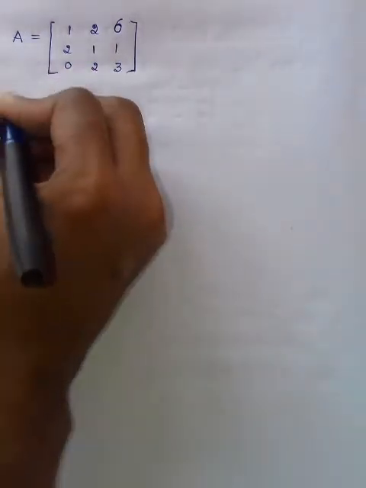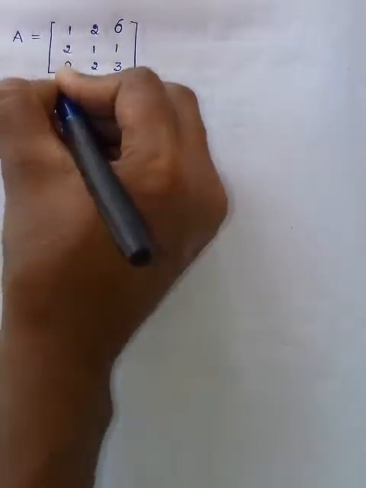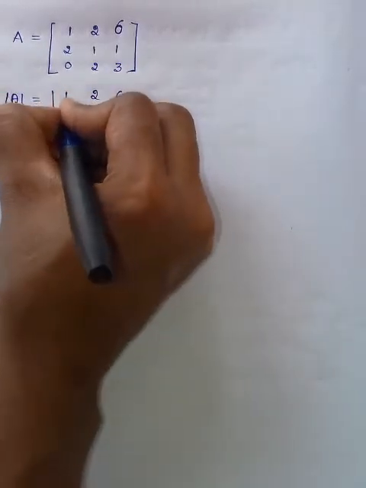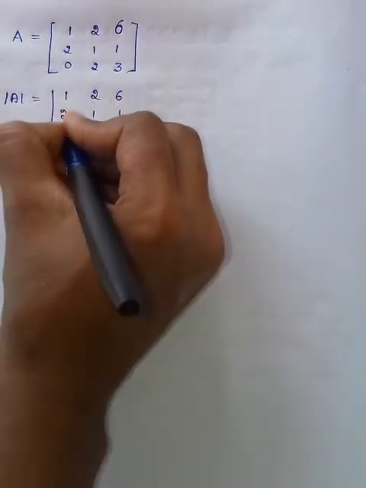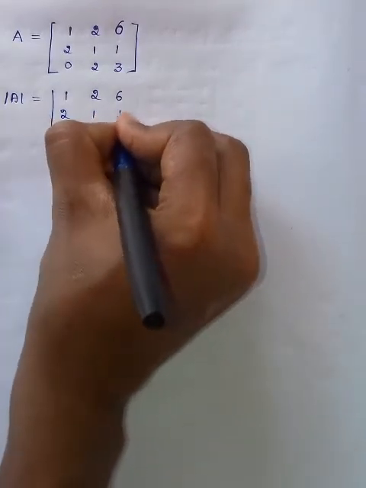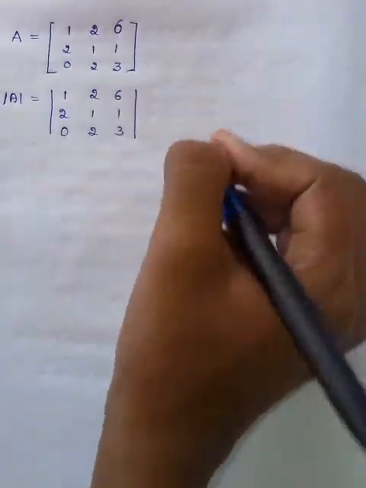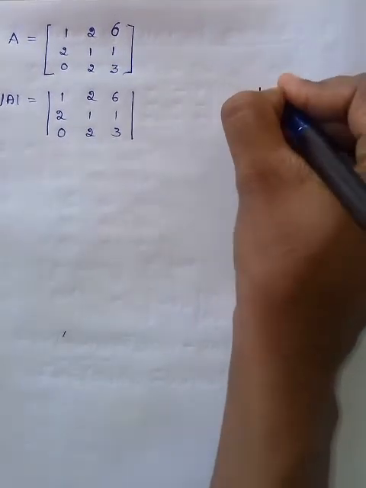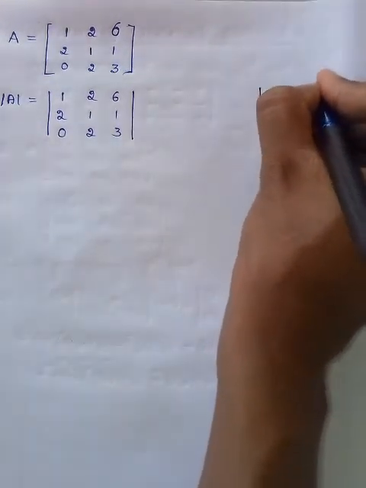For example, consider matrix A, determinant of A equal to 1, 2, 6, 2, 1, 1, 0, 2, 3. The sign associated with the third order determinant is plus, minus, plus.